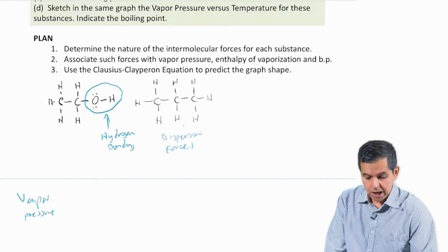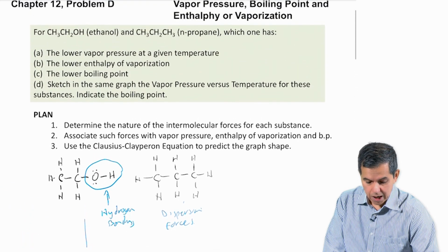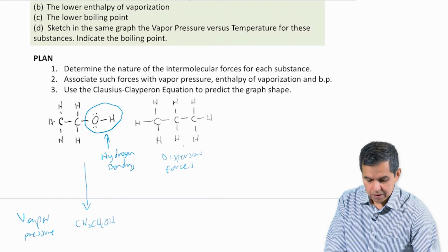So in this particular case, it's going to be the one corresponding to ethanol that has the lower vapor pressure.